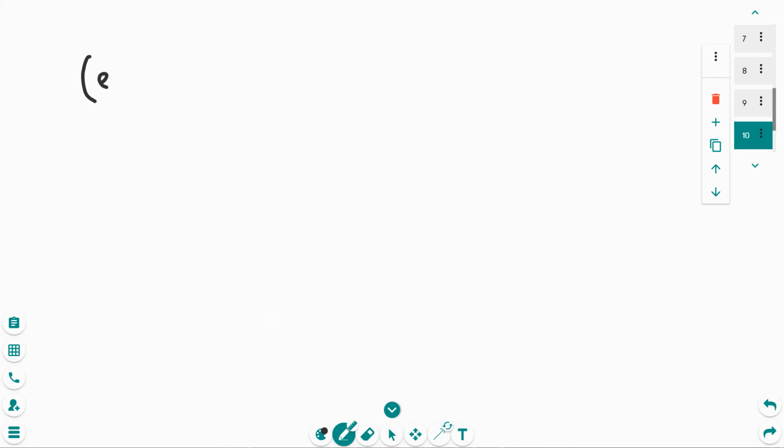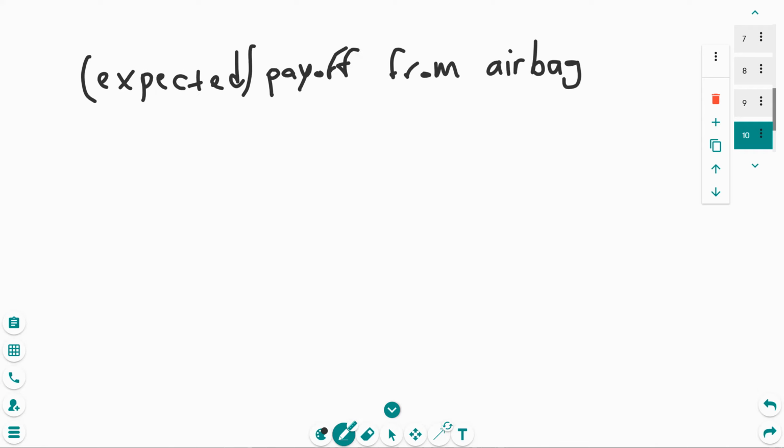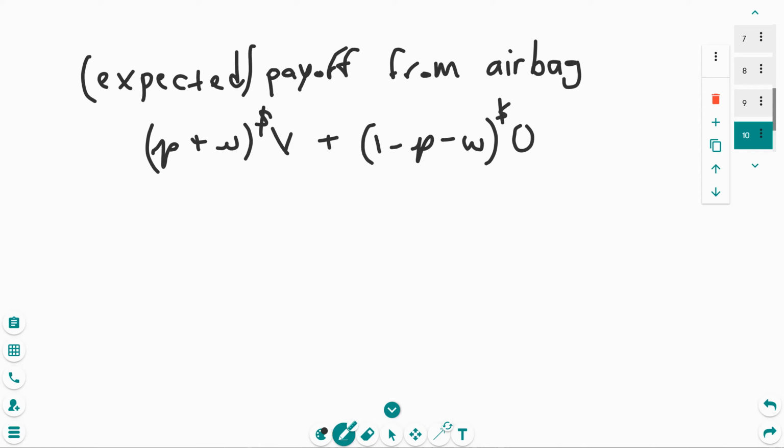And so the expected payoff from the airbag, in this case, that would be the probability of surviving with the airbag, and that's p plus omega. The payoff to surviving is v, and there's some probability of mortality, which is 1 minus this prior probability, and it has some payoff 0.